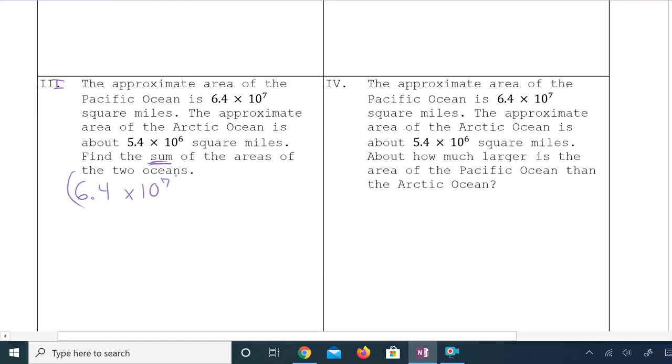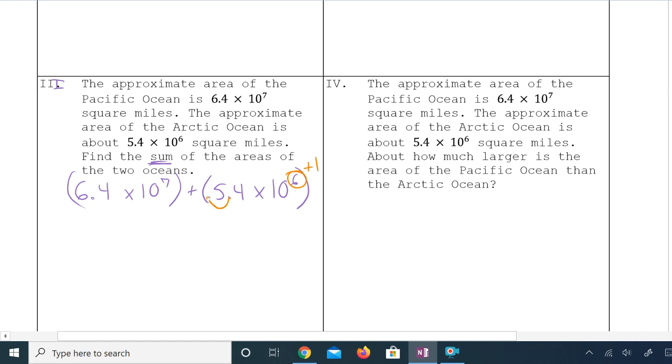So 6.4 times 10 to the 7th plus 5.4 times 10 to the 6th. So I need to locate my smaller exponent, which is 6. And I know I need to add 1 to that to be equal to 7.